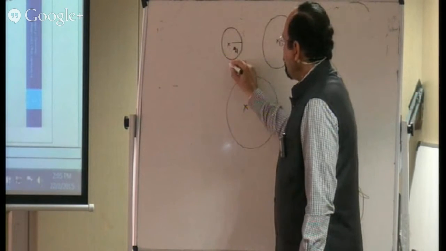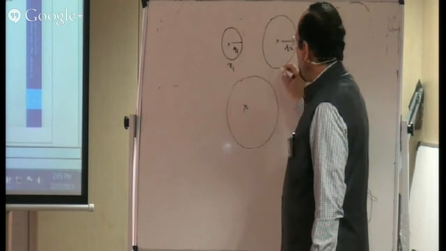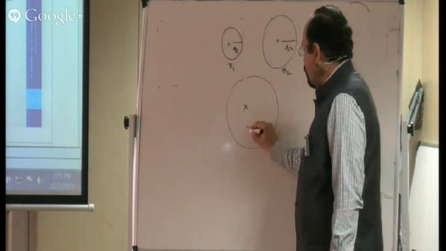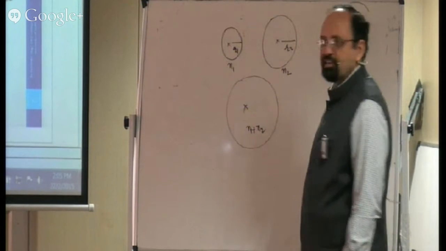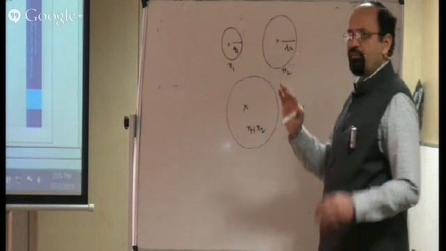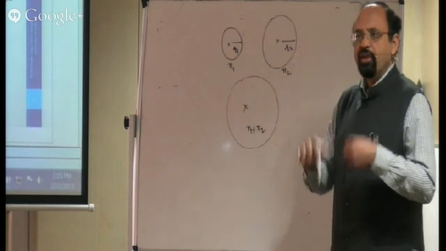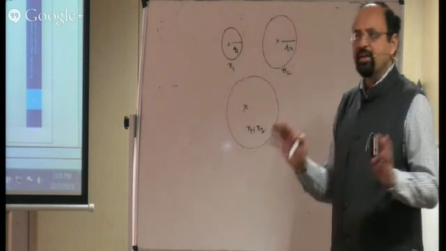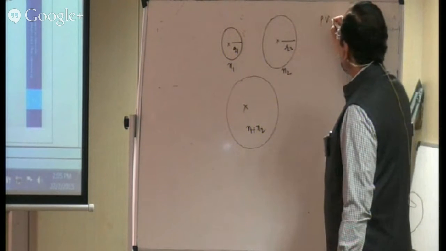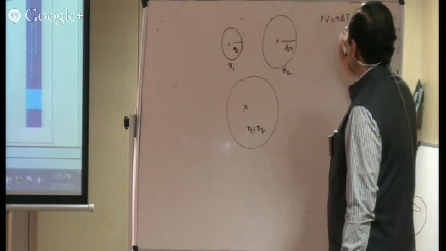Can I say if this contains the number of moles N1 and this contains the number of moles N2 of the air, then the total number of moles in this case is going to be N1 plus N2. See, when nothing is mentioned, even for air, you can use the ideal gas equation, though it's not applicable. You know this. So we can use PV equals nRT.